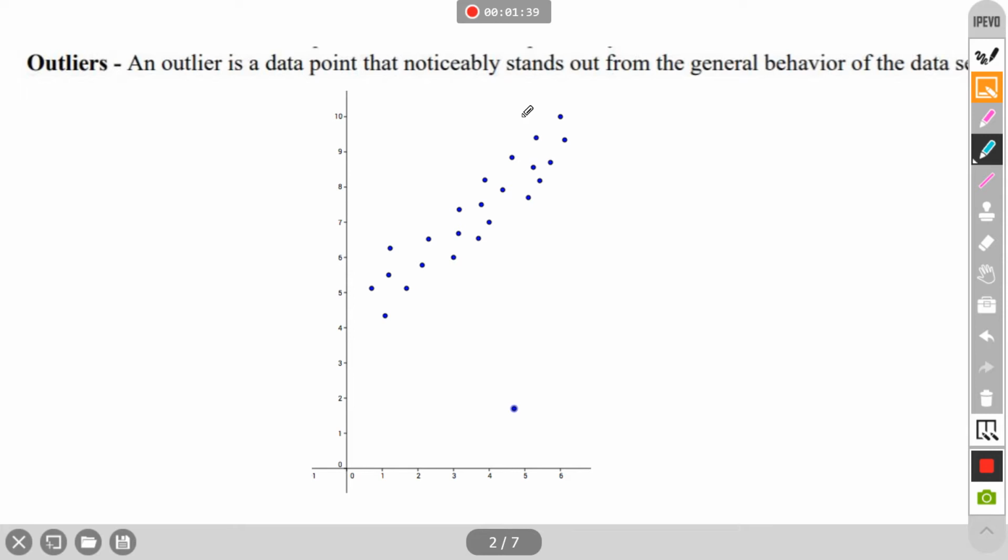If you're looking at a scatter plot, visibly, you'll be able to see that it's completely on its own. So again, an outlier is going to stand out from the rest of the data set. Here would be our outlier in this example.